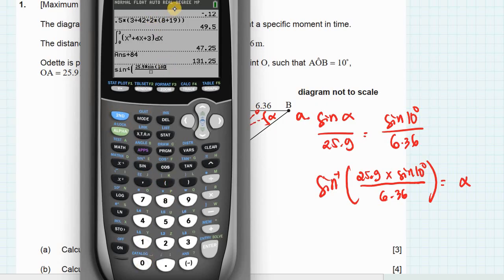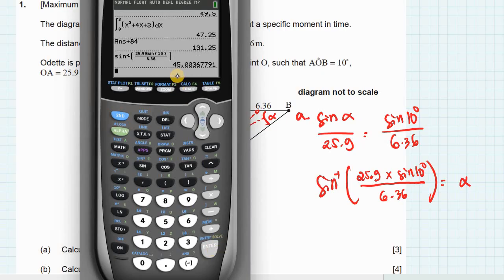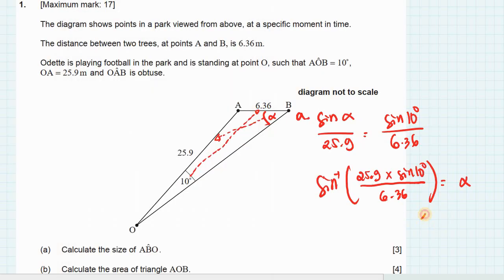Make sure that your angle is in degree. There you go. Divided by 6.36. Close bracket. Enter. So alpha is 45.00 degree, or you can just write it as 45 degree.